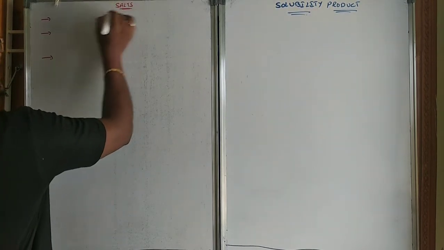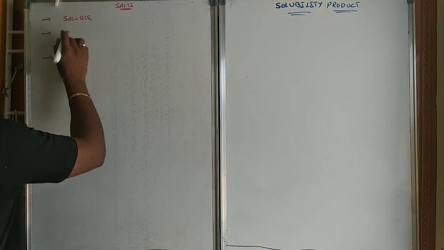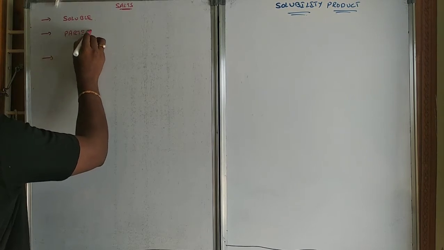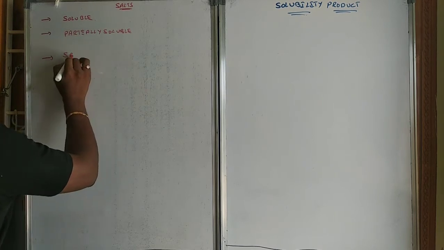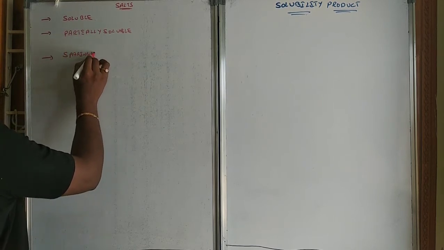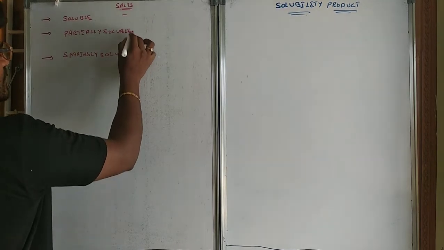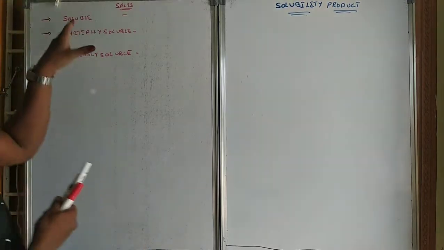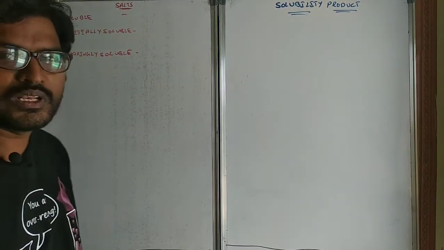Basically, salts are classified into soluble salts, partially soluble salts, and sparingly soluble salts. So salts can be classified into three types.